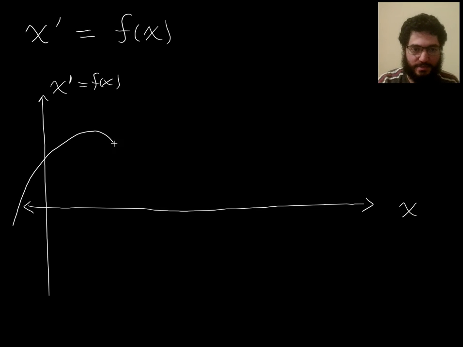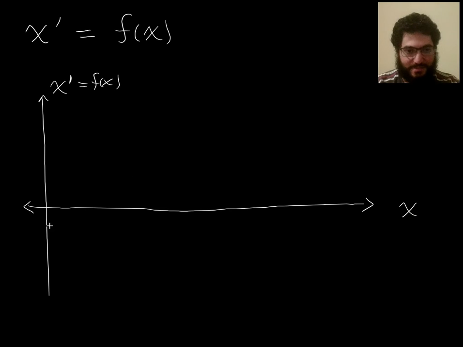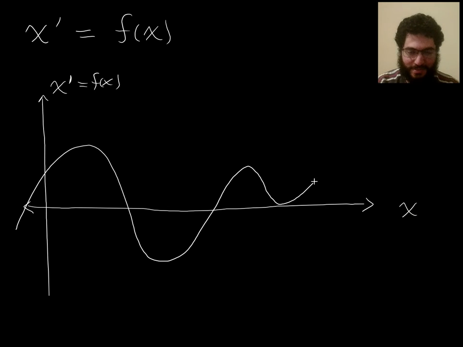So I can show you all the things that can possibly happen. Okay, so here's a plot of what f of x might look like. And we noticed that for the phase diagram, phase line analysis, it matters where the critical points are.